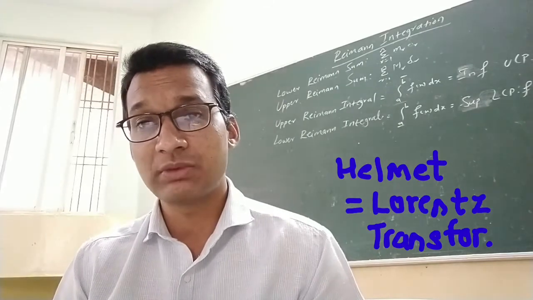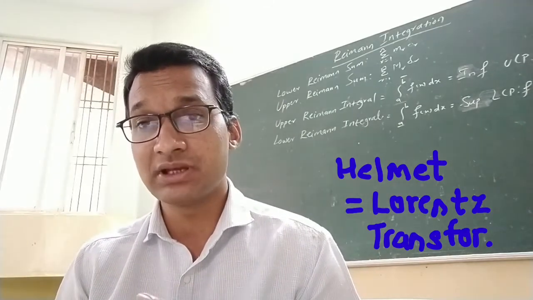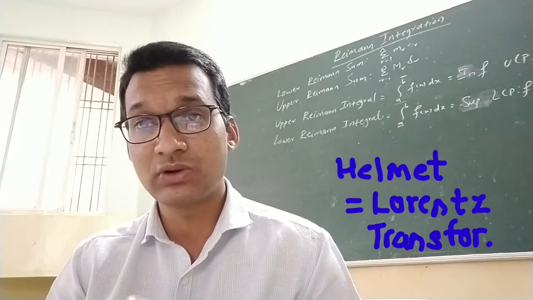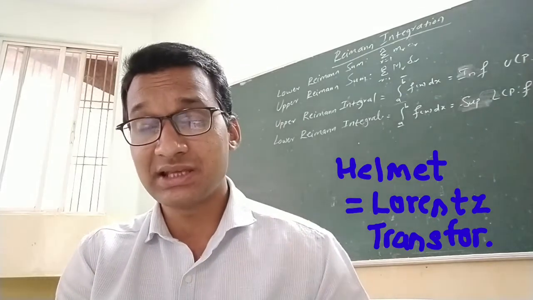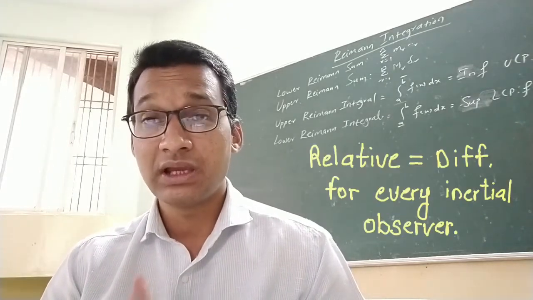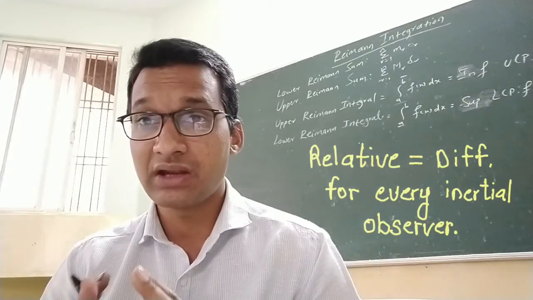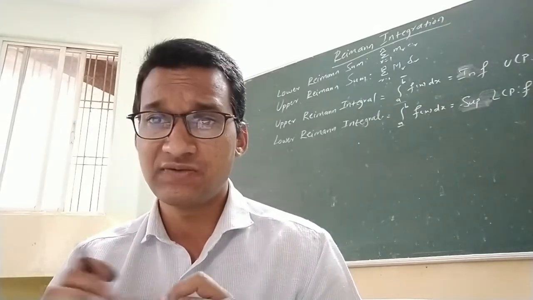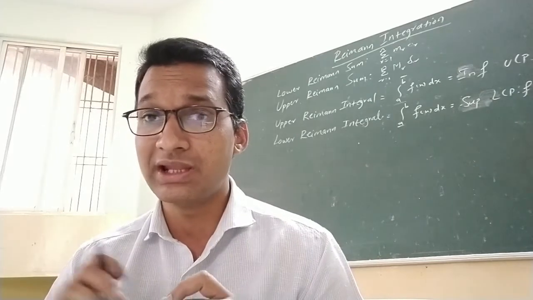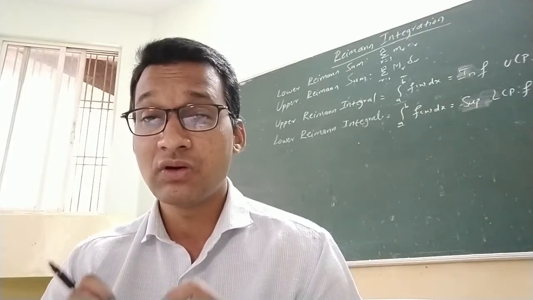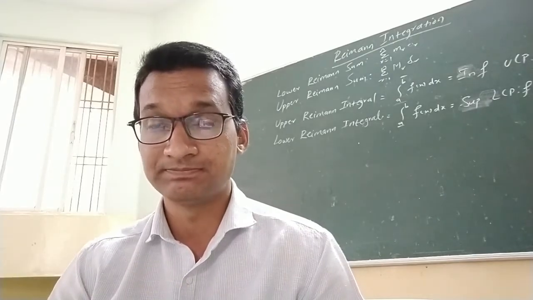Same way Lorentz transformation, which helped us and gave us the proper equations in kinematics, is going to become a problem in the sense that it is going to make the laws of physics relative in dynamics, and we are going to discuss how to overcome this problem. It is definite that we cannot ignore or eliminate Lorentz transformation. We have to work around this problem.